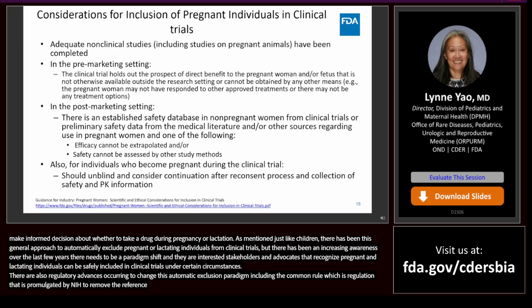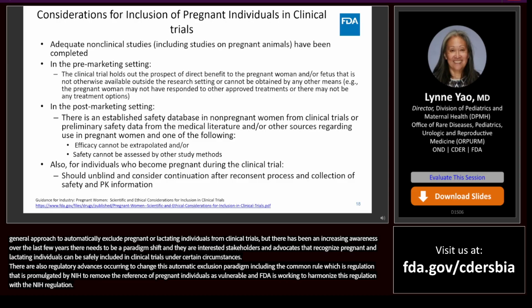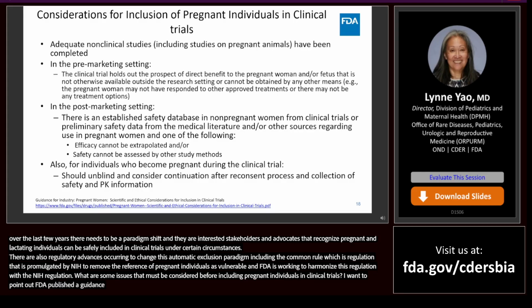So what are some issues that must be considered before including pregnant individuals in clinical trials? I want to point out that FDA published a guidance on this topic. It's a draft guidance in 2017, and this information is all contained in the guidance. But let me go over some important highlights.